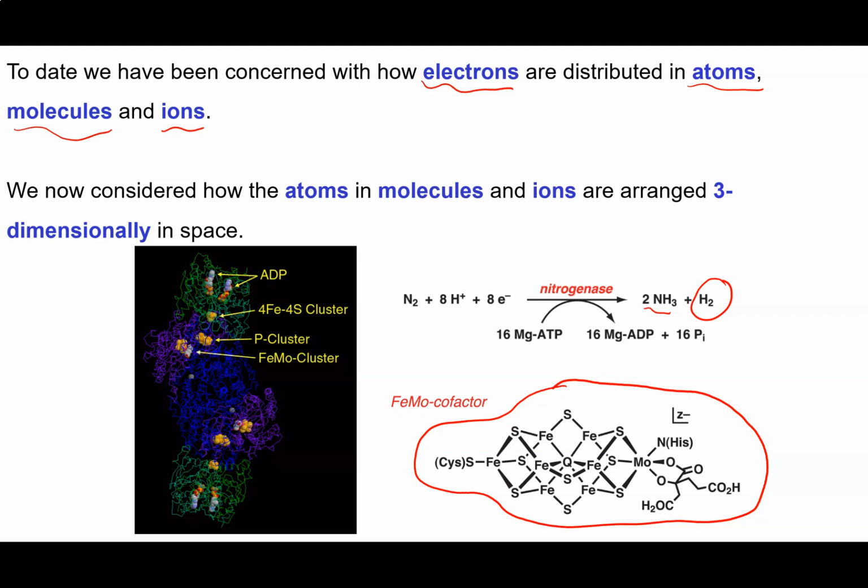Now, the nitrogenase protein, guess what? It does this reaction at room temperature, using very small amounts of energy. It does it effortlessly, and it all comes down to the very precise arrangement of atoms in the iron molybdenum cofactor.